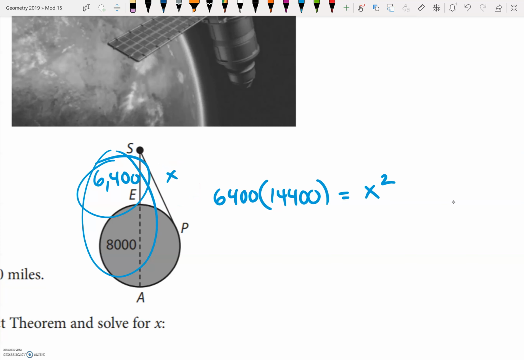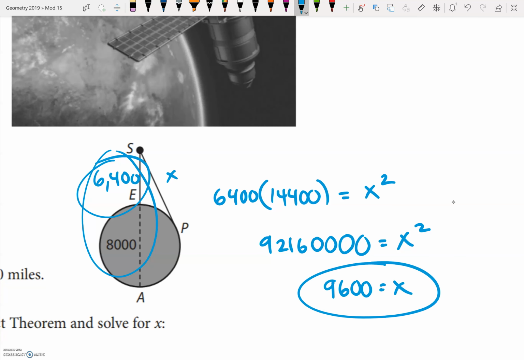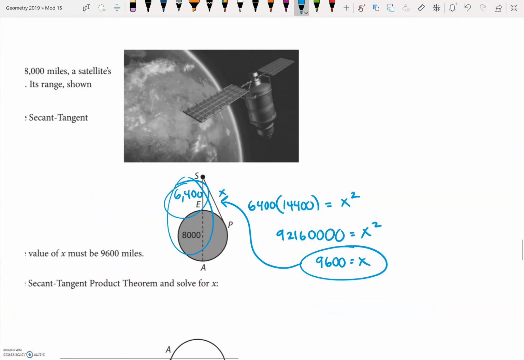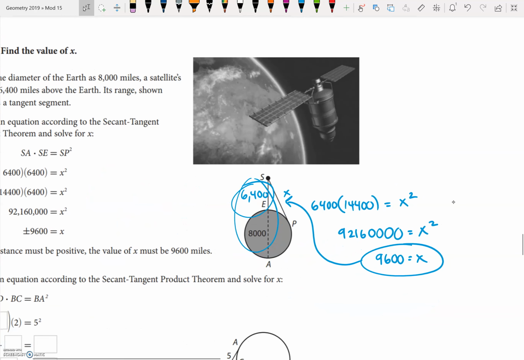So 6,400 times 14,400 is going to be a large number with 4 zeros. Now I just need to square root that number, which gives us 9,600. That's our distance for SP. Miles, of course. Don't forget to write your units.